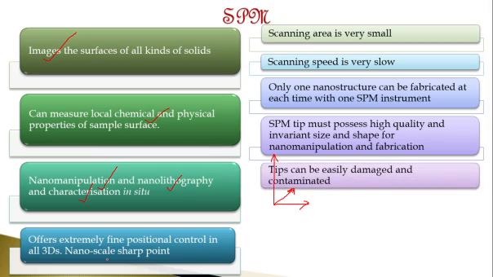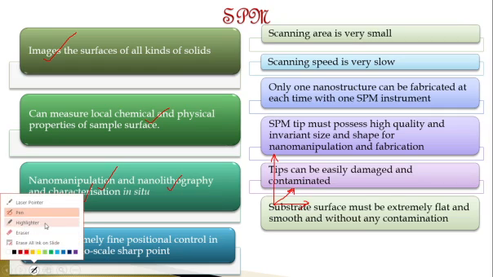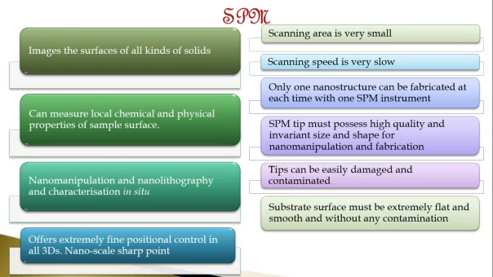And because the tip is constantly in interaction with the sample, there is a chance of it getting easily damaged and contaminated, and the substrate surface must be flat enough and smooth without any contamination.